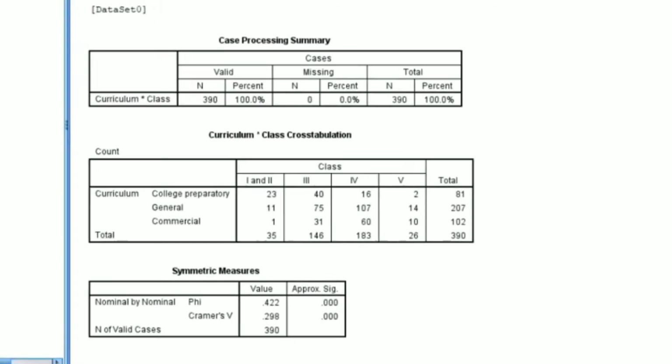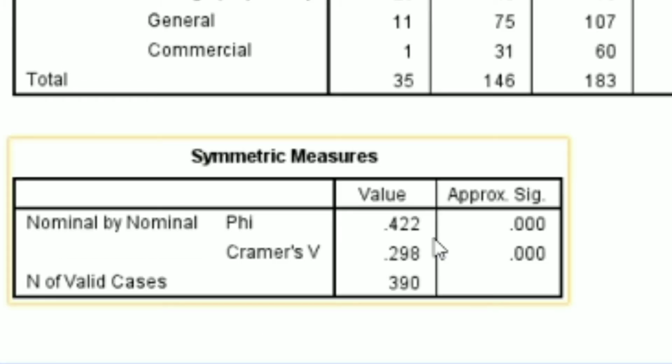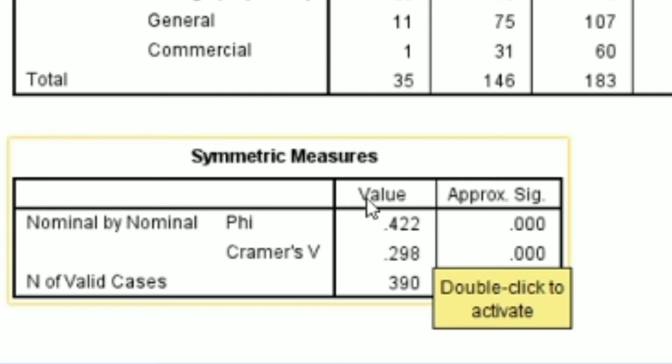As you can see, this is the result of the Cramer's V analysis. We will focus here. As we can see here, the value for Cramer's V is 0.298.